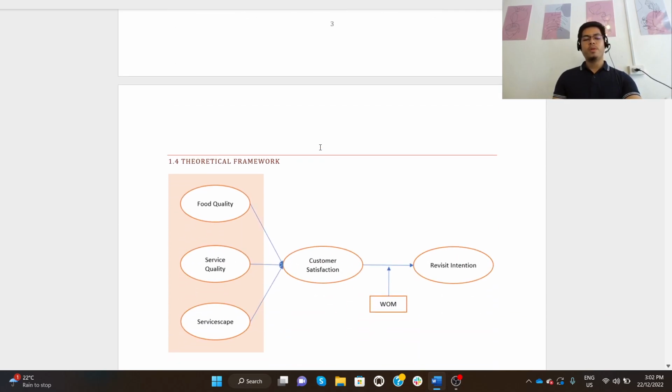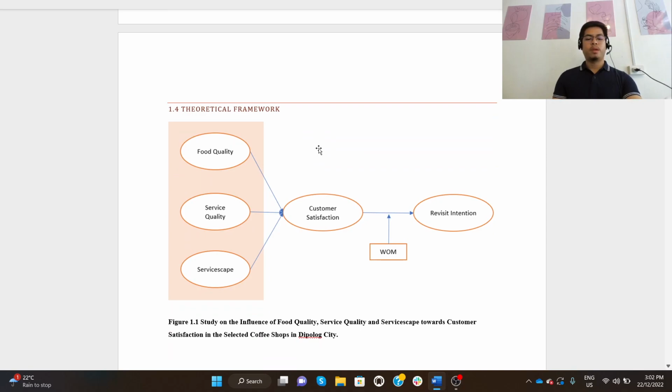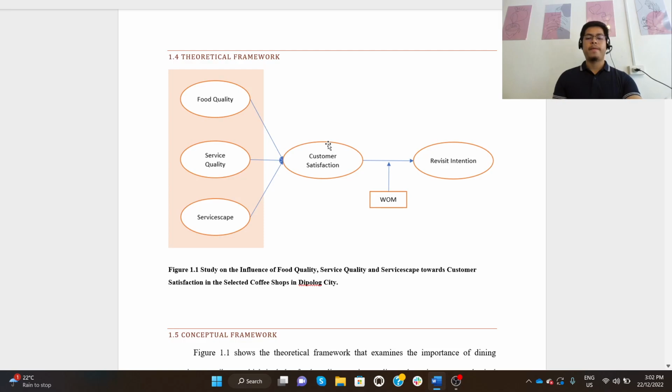Okay, so the fourth part of chapter one is the theoretical framework. So this one shows the image or the flow of the study and its connections. So we have here the influence of food quality and servicescape towards customer satisfaction in the selected coffee shops in the Pollock City.